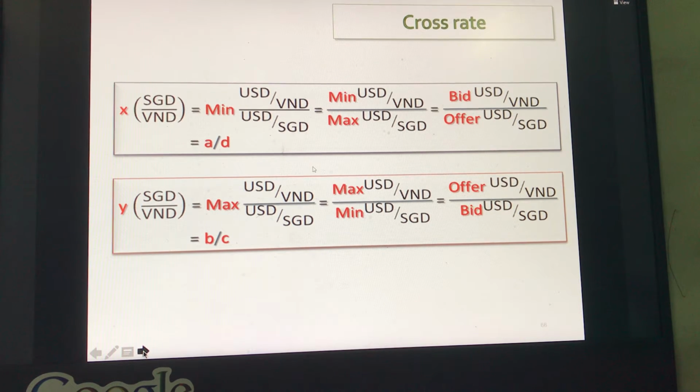For X, when we compute the bid rate of the Singapore dollar against VND, we need the min value of a ratio. You see the line, the spotlight. To compute X, we need the min of the ratio.